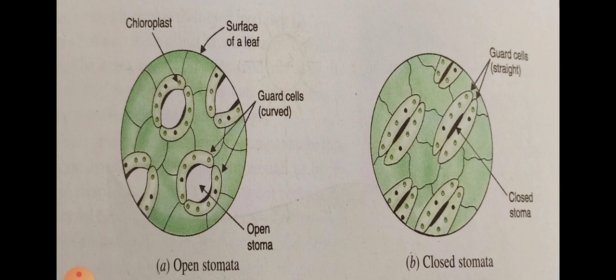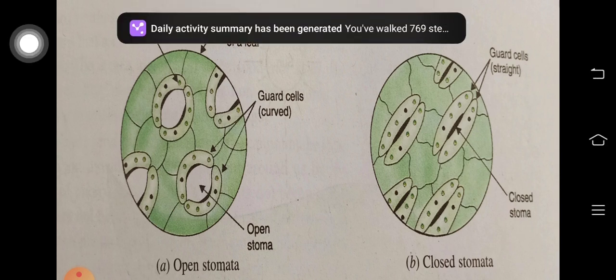And the oxygen gas produced in the leaves during photosynthesis goes out into the air through the same stomatal pores. The stomatal pores of leaves open only when carbon dioxide is to be taken in or oxygen is to be released, otherwise they remain closed. Okay, so you know how the plant obtains carbon dioxide for the process of photosynthesis.